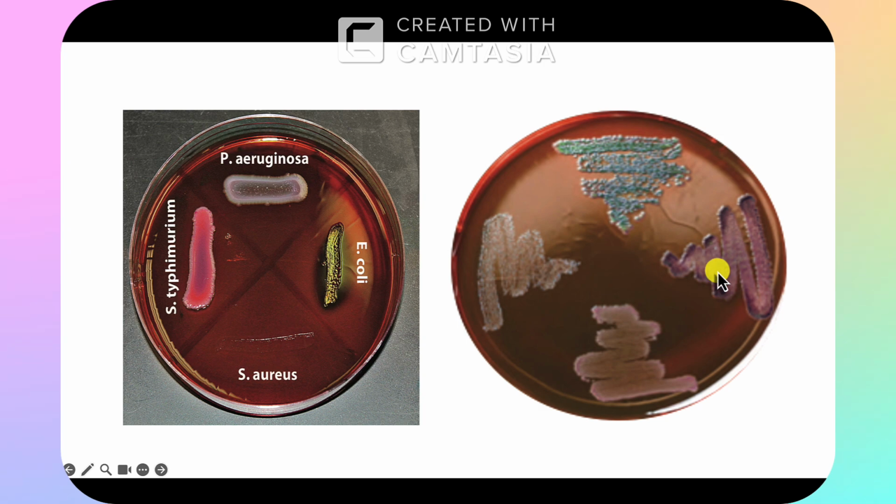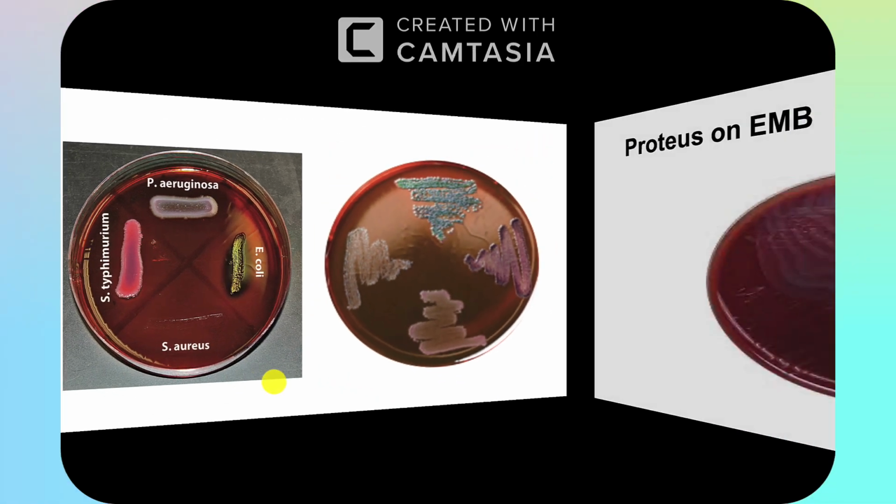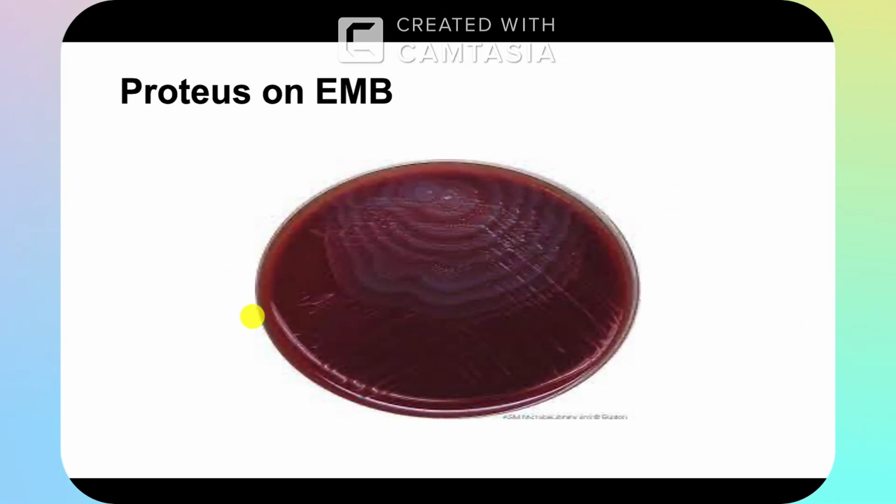And again, this is pink. This is light pink. But Staph aureus, as one of the gram-positives, shows no growth. These are the colonies of Proteus on EMB, like the waves of the sea.